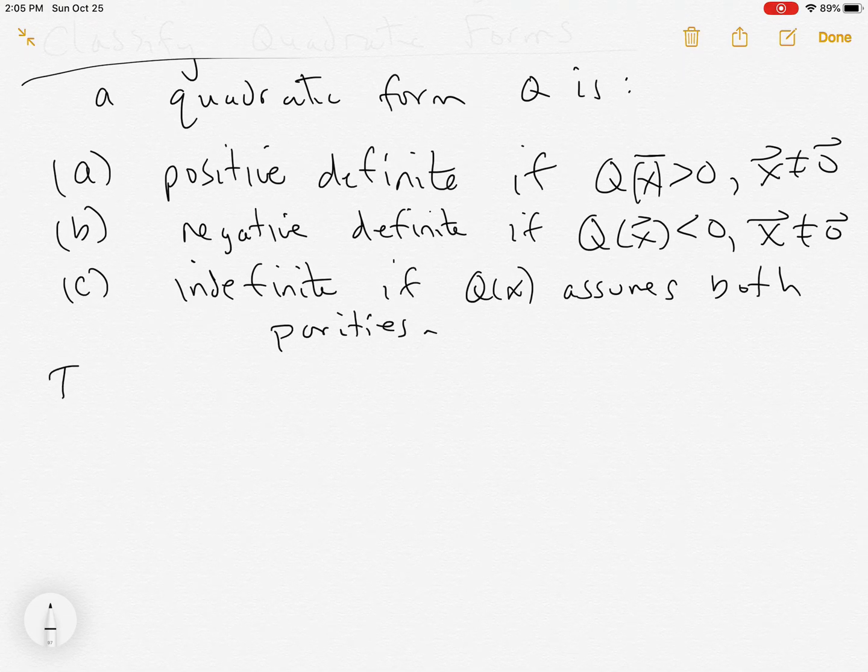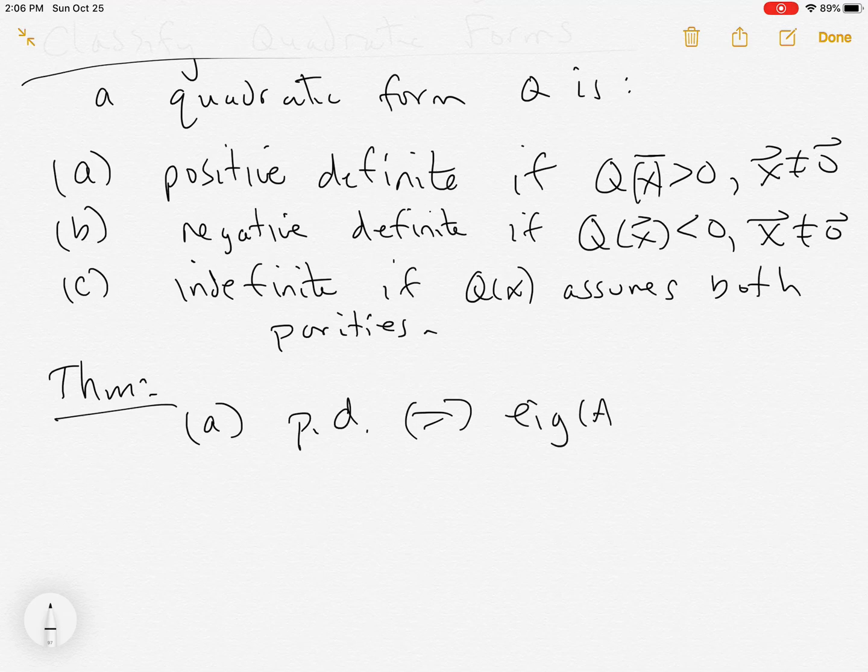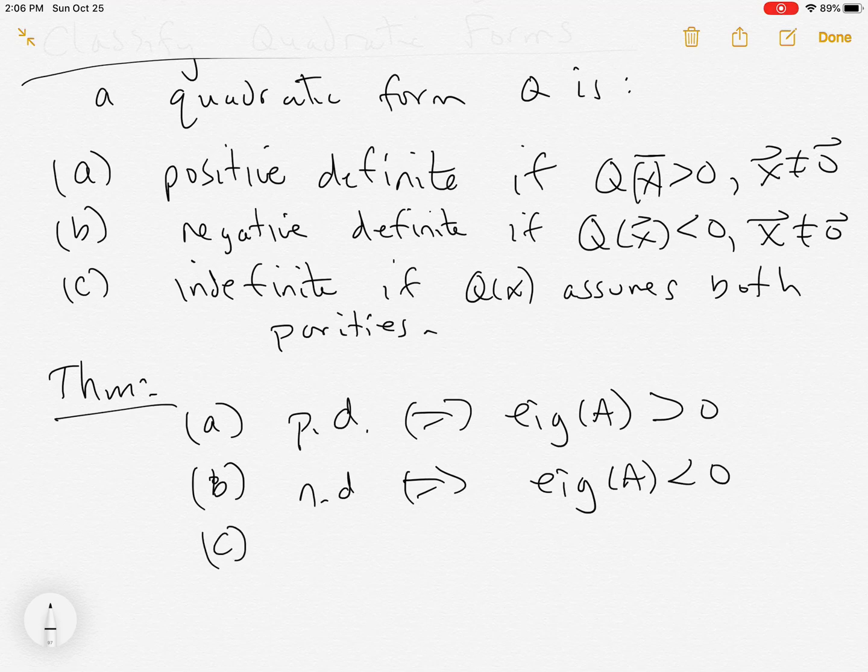And this is true via a theorem. A is positive definite if and only if the eigenvalues of A are all greater than 0. Negative definite if and only if they're less than 0, and indefinite if the eigenvalues of A are both greater than and less than 0.